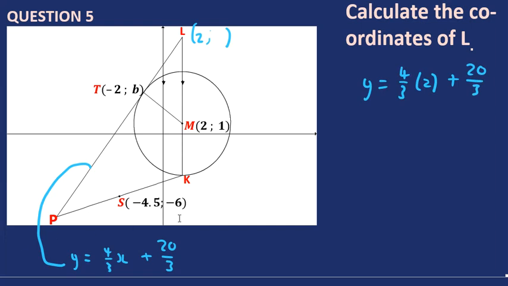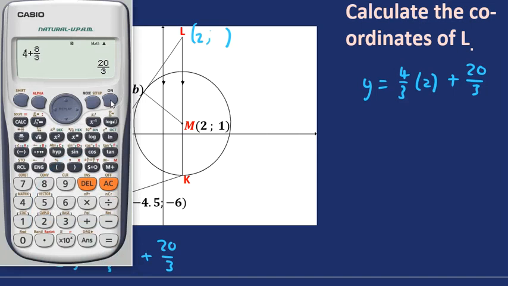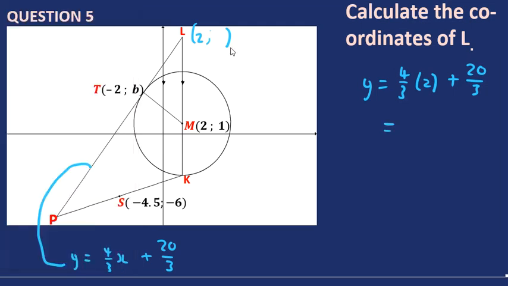And this should give us the value of y. So the y value is 28 over 3. That is the y value, 28 over 3.